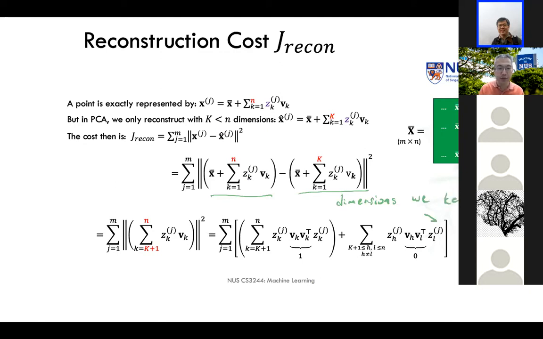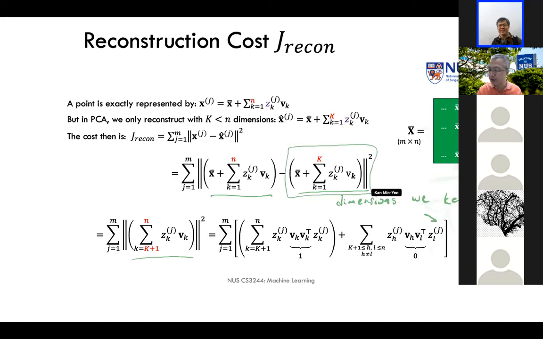Okay, so when we expand this out, you can see where we're going with this, right? Basically, this subtraction will only have a problem when we have cases of the dimensions that we didn't represent, right? We saved all of the dimensions 1 through k, so this term is fine, okay?